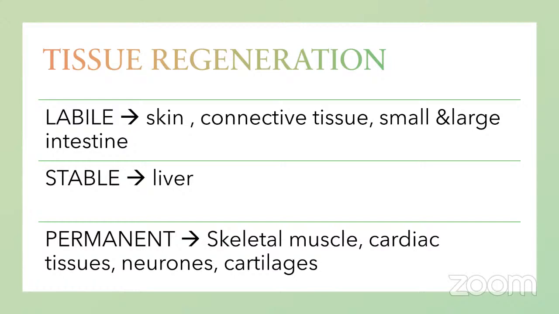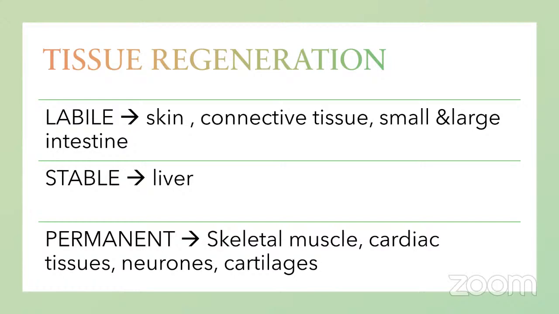But what's the problem here? Once normal heart tissue is injured and scarring has happened, it's not capable of doing any normal functions. So that's the difference between labile, stable, and permanent tissue. Labile tissues like skin can regenerate quite quickly, whereas stable tissues like liver can regenerate, but only by hyperplasia.